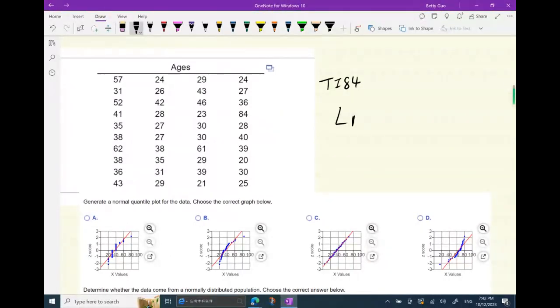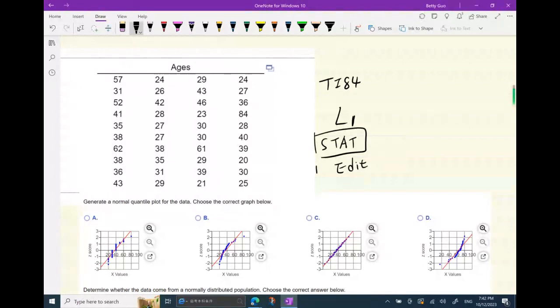So I'm going to go to Stat, and then select Edit. I have something in my list 1, so I'm going to clear that list and then enter those values in it.